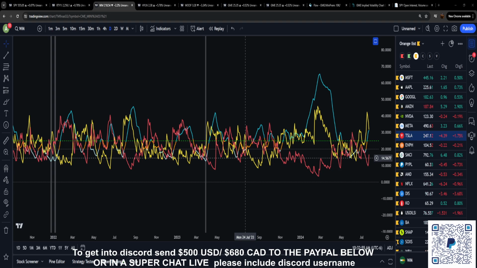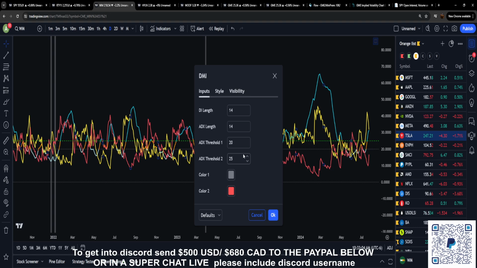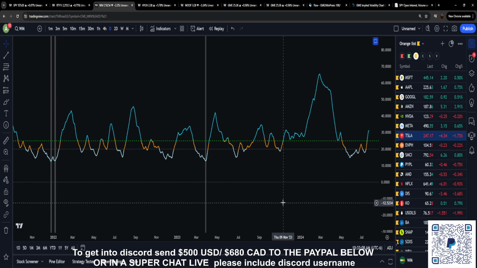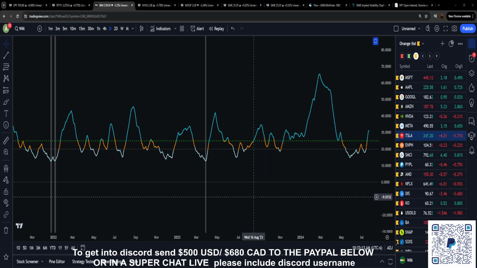Now, what is so special about this particular indicator? First and foremost, I'm going to turn off the DMIs, and that is going to leave us with what is known as the ADX indicator.